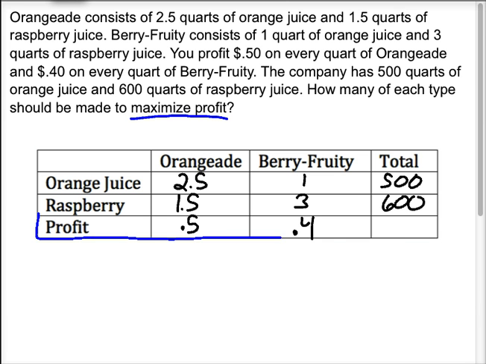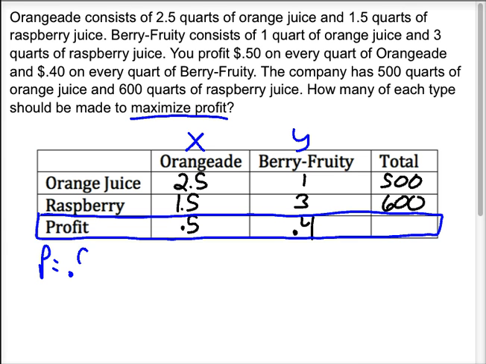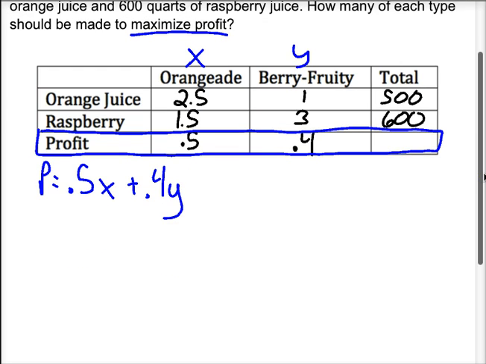We identify this as our objective function. So that profit in dealing with X and Y, 0.5 for each X, 0.4 for each Y, and that is how we're going to determine our profit. Everything else becomes a constraint.